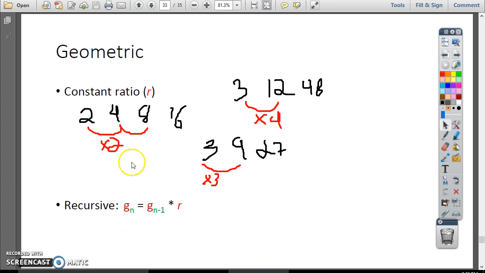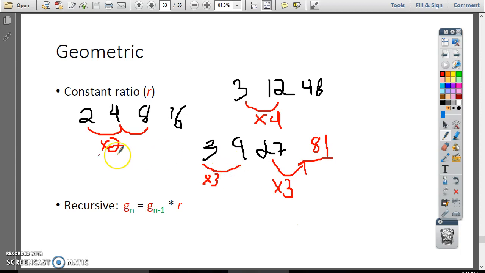Now, again, I use G to stand for geometric. Okay? For the geometric term, take the previous term, whatever iteration you want, go back one, and then multiply that number by your common ratio. So again, to get to the next term here, you're going to take the previous term, in which case is 27, and multiply it by 3 to get 81.